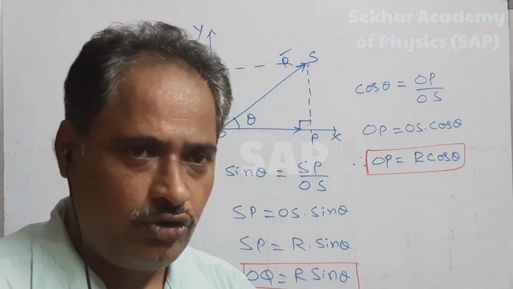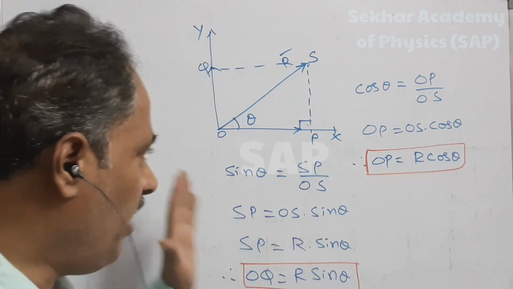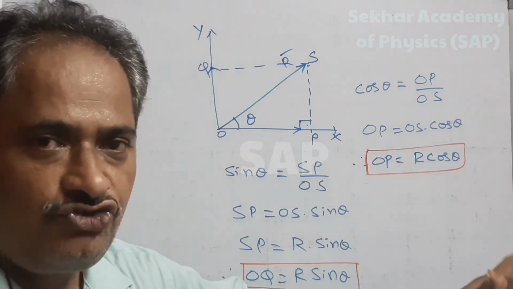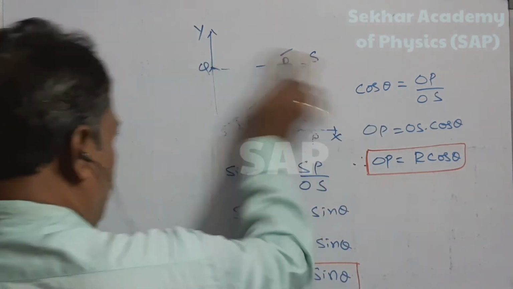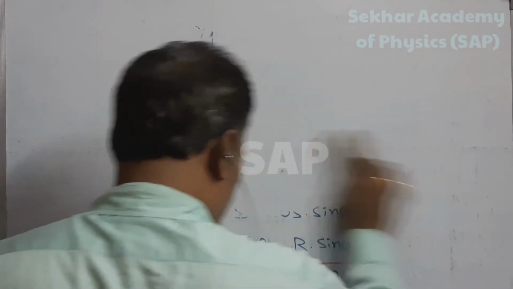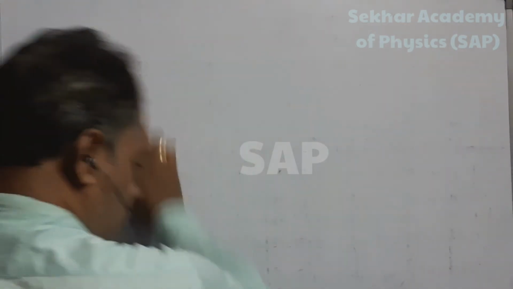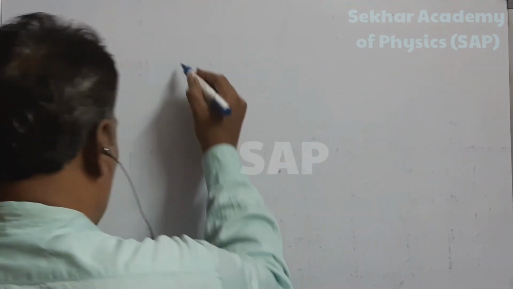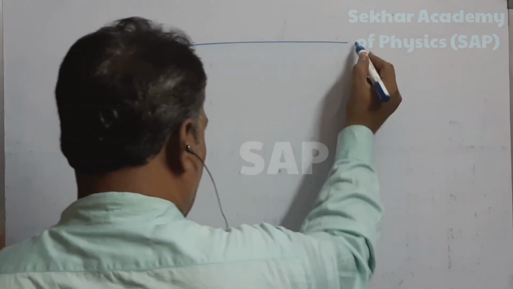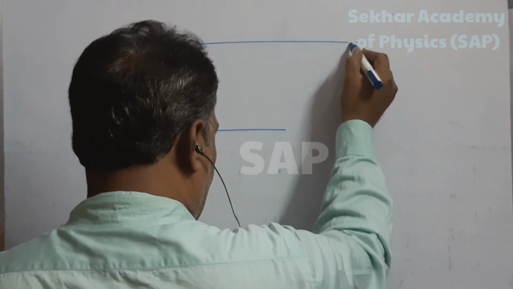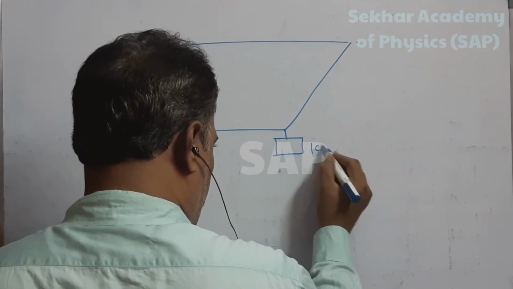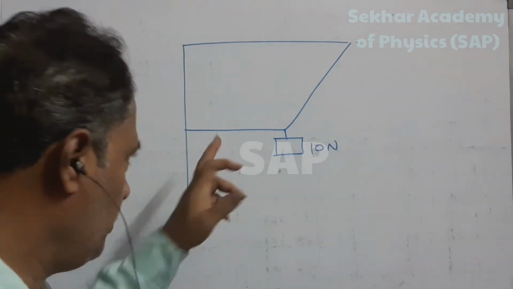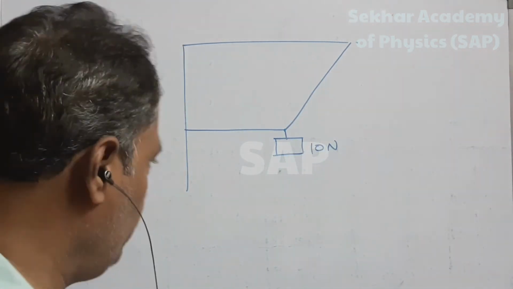Let us discuss one simple example by considering the resolution of vector. I want to take a very simple structure. Let it be one frame. Here you can consider a 10 Newton object. These two are nothing but strings.